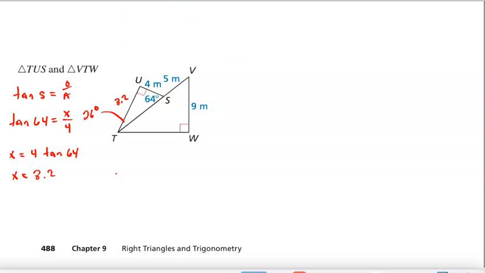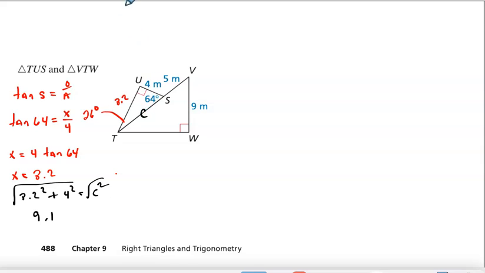So this one's 8.2, which means now I can solve for ST if I wanted to. ST is going to be the hypotenuse of this, so 8.2 squared plus 4 squared equals c squared, square root of all that. So I'm calling this ST here my c. So the square root of 8.2 squared plus 4 squared equals about 9.1.